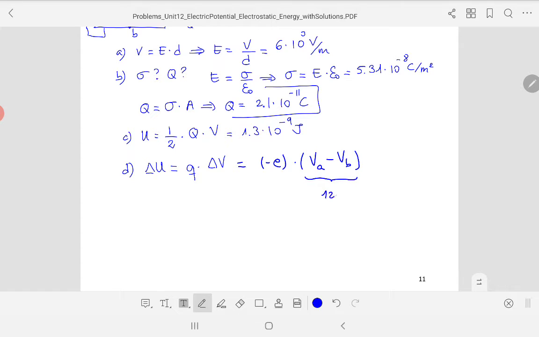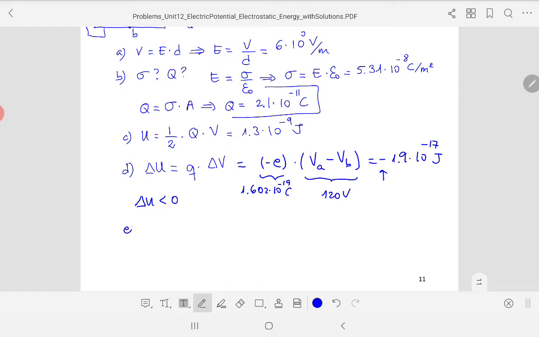So this is 120 volts, and this is the charge of the electron, which is 1.602 times 10 to the minus 19 coulombs. Okay, so this negative charge we already knew, because we know that there is a loss. It's decreasing the electric potential energy. So if you do the maths, this would be minus 1.9 times 10 to the minus 17 joules. You can also skip the minus if you want, because we know it's lost.